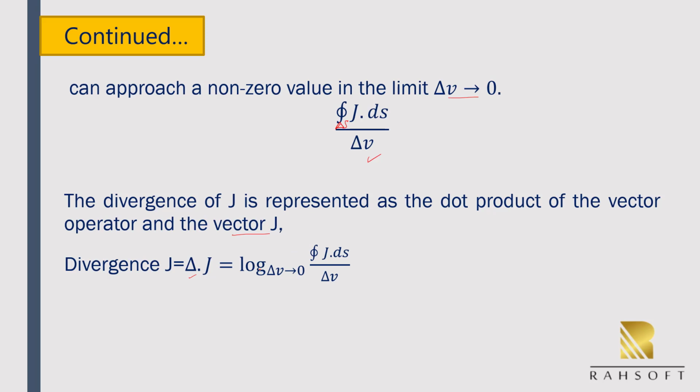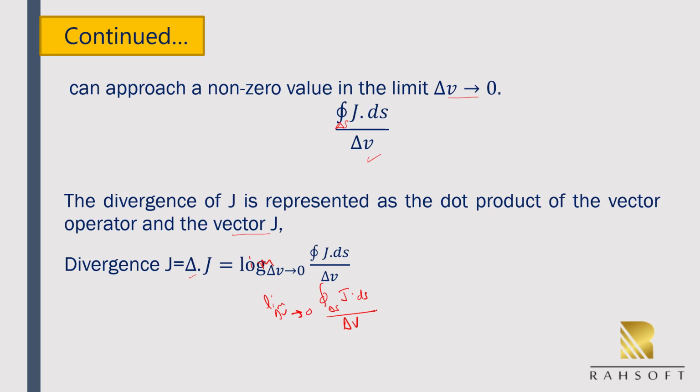So divergence J equals the dot product del dot J, which is equal to the limit, as delta V tends to 0, of the integral over delta S of J dot ds divided by delta V. So the divergence of a vector field J at a point is the net outward flux of J per unit volume as the volume about the point tends to 0.